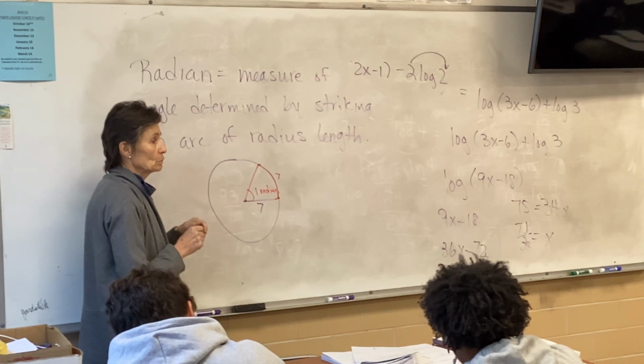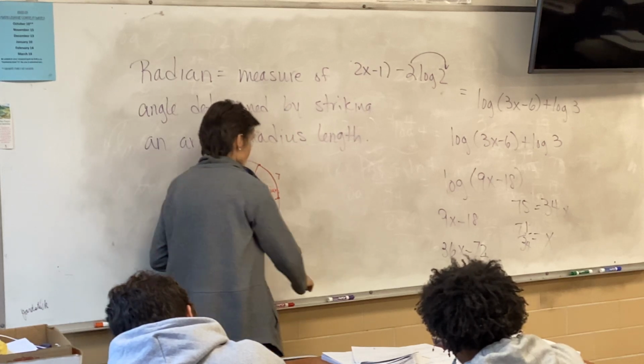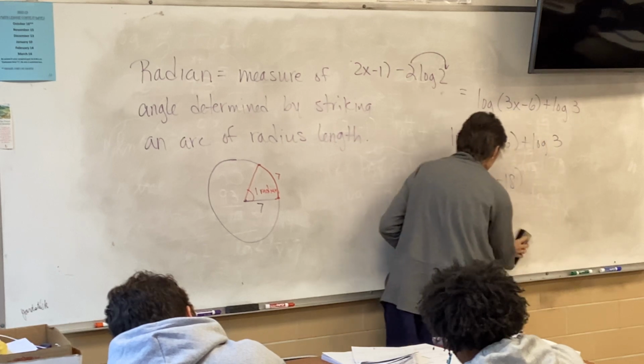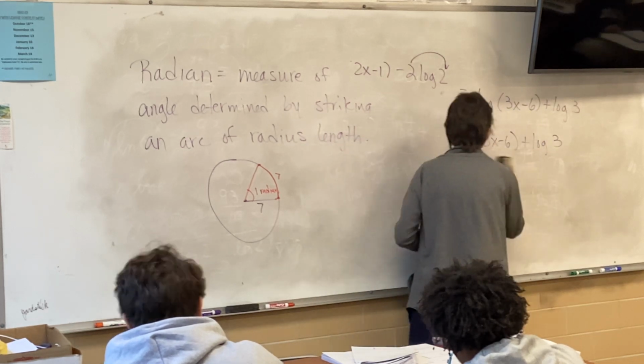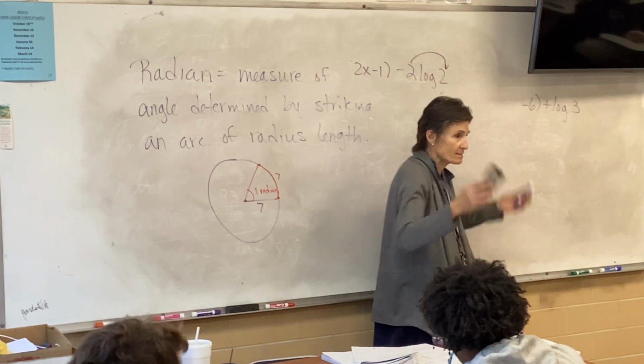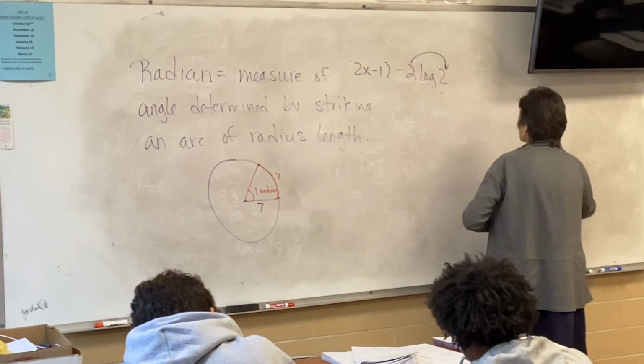Now, you need to be able to change back and forth between degrees and radians, just like in chemistry, you change between inches and centimeters or something. You need to be able to convert from one to the other.